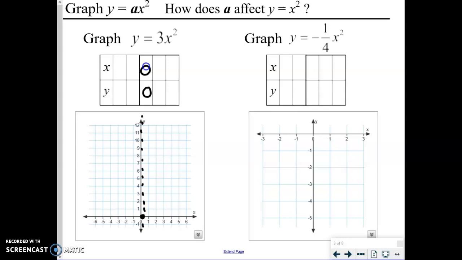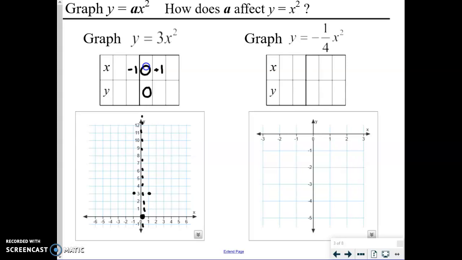Now if we go to the left and to the right like we did before, let's see if it affects the symmetry at all. If we put in -1 and +1, 1 squared is 1 times 3 is 3, and -1 squared is 1 times 3 is also 3. So now we have the points 1, 3 and -1, 3.